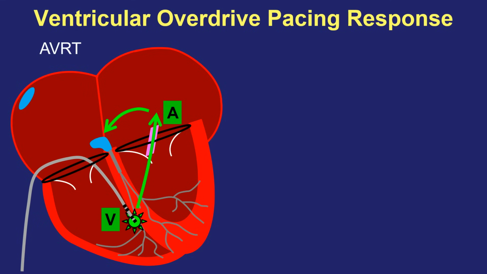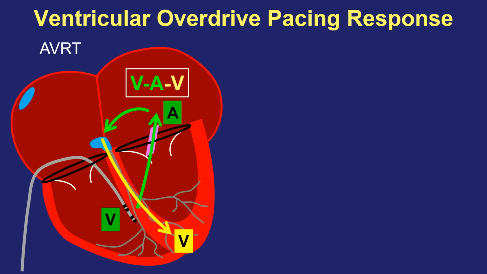And what is the next spontaneous thing that would happen if you didn't terminate tachycardia? Well, it would turn around and come right back down the AV node and His-Purkinje system and create another V. And so we would refer to this as a VAV response. The VA is the last paced beat, and the yellow V is the first spontaneous thing that happens after termination of pacing. That's what happens in AVRT.